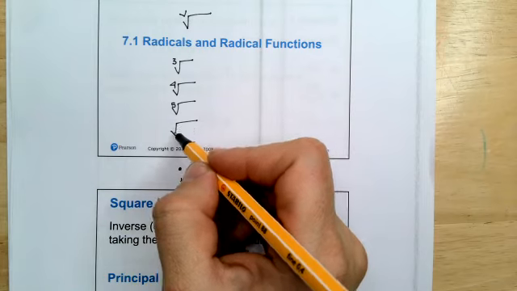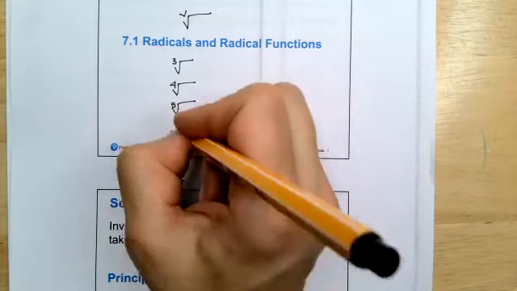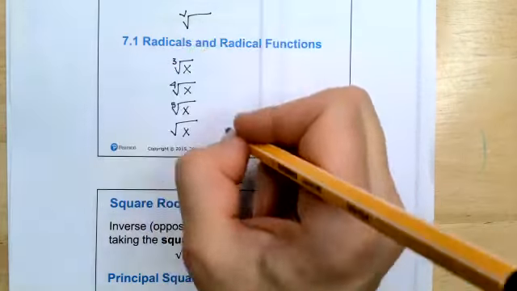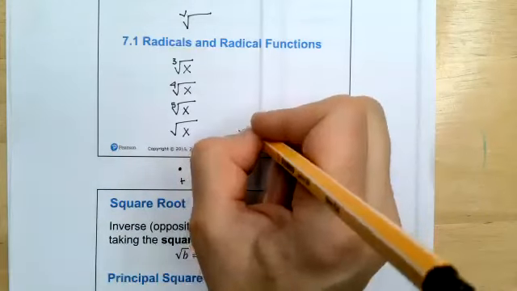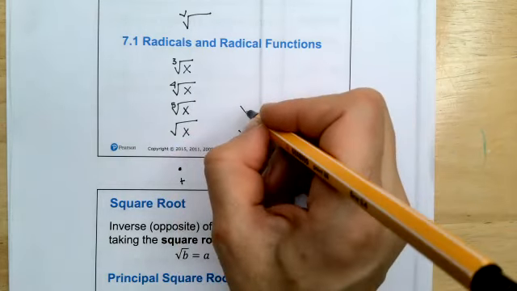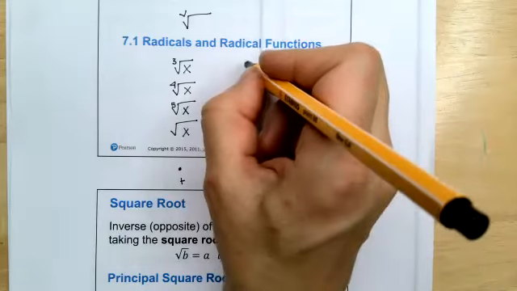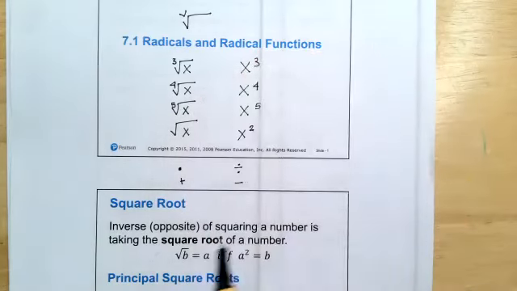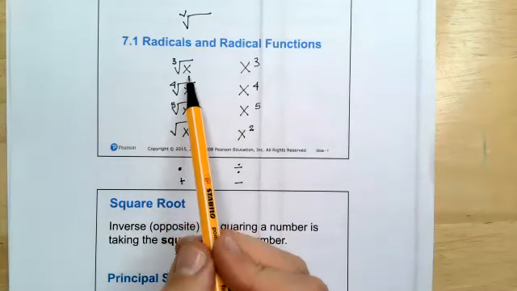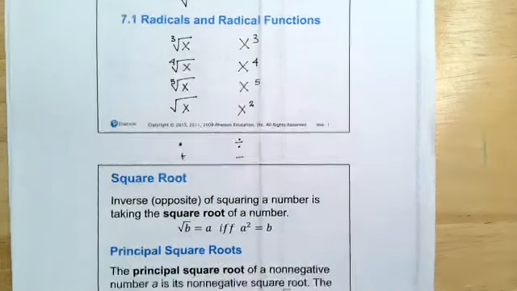Taking the radical or the square root of something is the opposite of, if it was the letter x perhaps, raising x to the second power. This one's going to be taking x and raising it to the 5th power. This is going to be taking x and raising it to the 4th power. This is x to the 3rd, okay? So it's the inverse of squaring a number. X to the 3rd is the opposite of the cubed root of x, just like dividing is the opposite of multiplying.